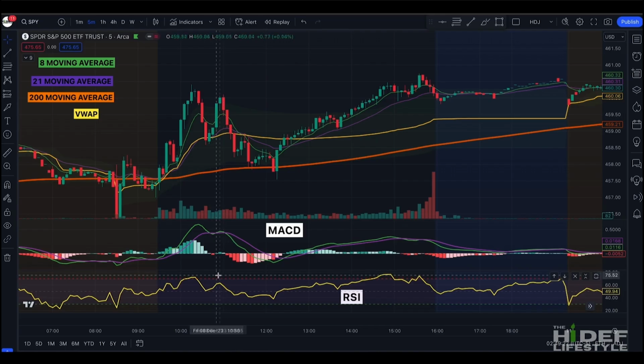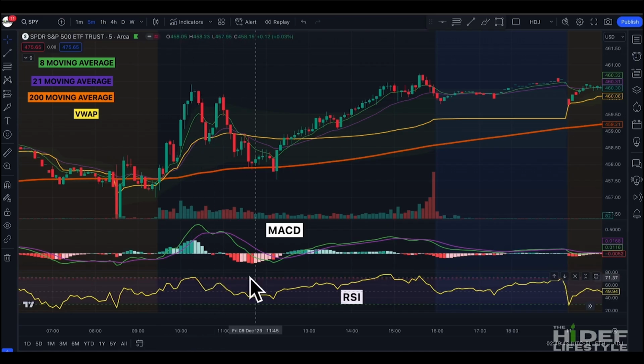All right, and when it's up here, a lot of times we can anticipate a move to the downside because it's overbought. So we may look for puts, possibly. Not all the time, but it's something to look for when you see this RSI line very high up in the zone.